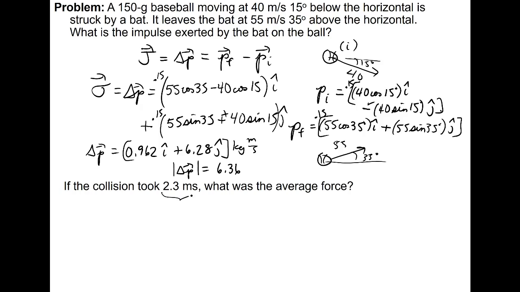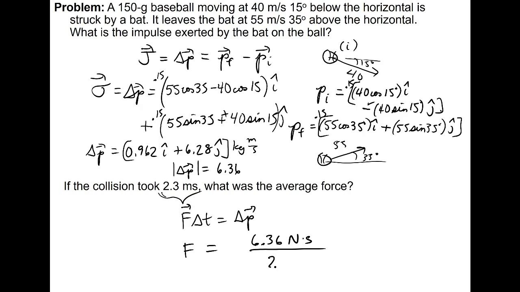So if the collision took 2.3 milliseconds, what's the average force? Well, F delta t is equal to m delta v, or delta p. So the force is the change in momentum, and by the way, you could also write kilogram meters per second as newtons times seconds, force times time.